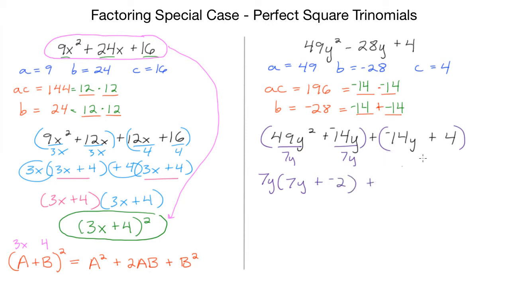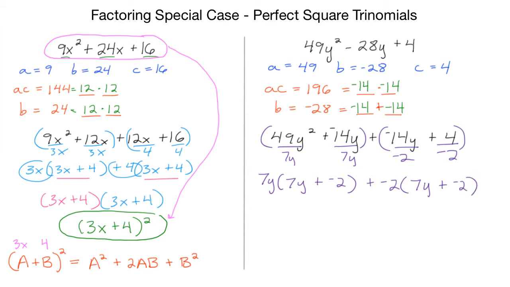Over on this other group, 14y and 4, what do I have in common? I'm going to factor out a 2 from both of them. And because I'm noticing something going on with the negatives, the first term is negative, the second term is positive, but I want it to match this, I'm going to go ahead and factor out a negative 2. Negative 2 goes in the front, and now I have positive 7y plus negative 2.